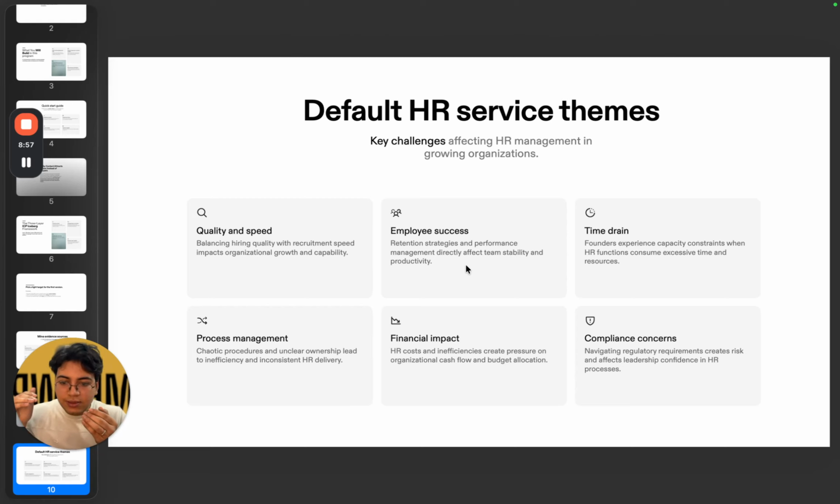These themes can be according to your service. For example, in an HR business, it can be time drain, quality and speed, employee success, compliance concern, process management, financial impact. So we are going to bucket our phrases into these themes.